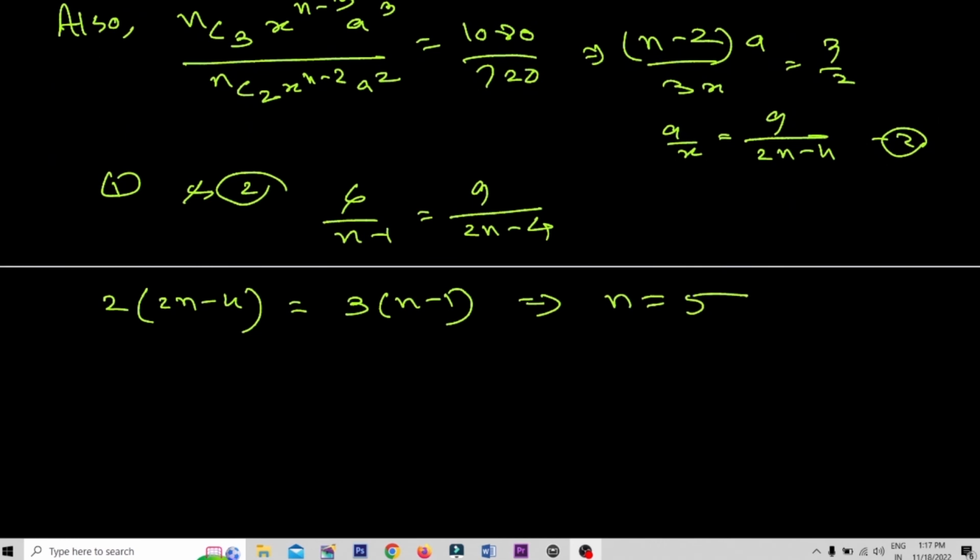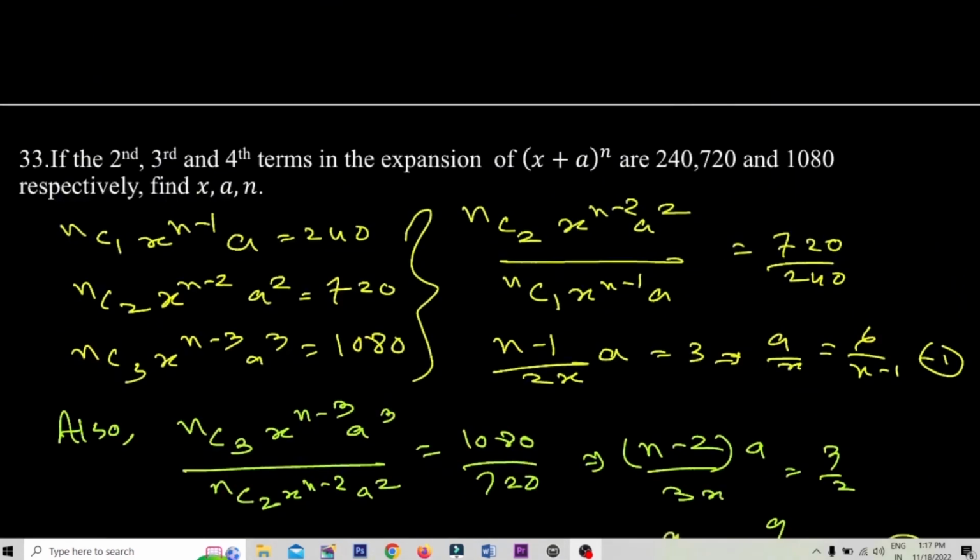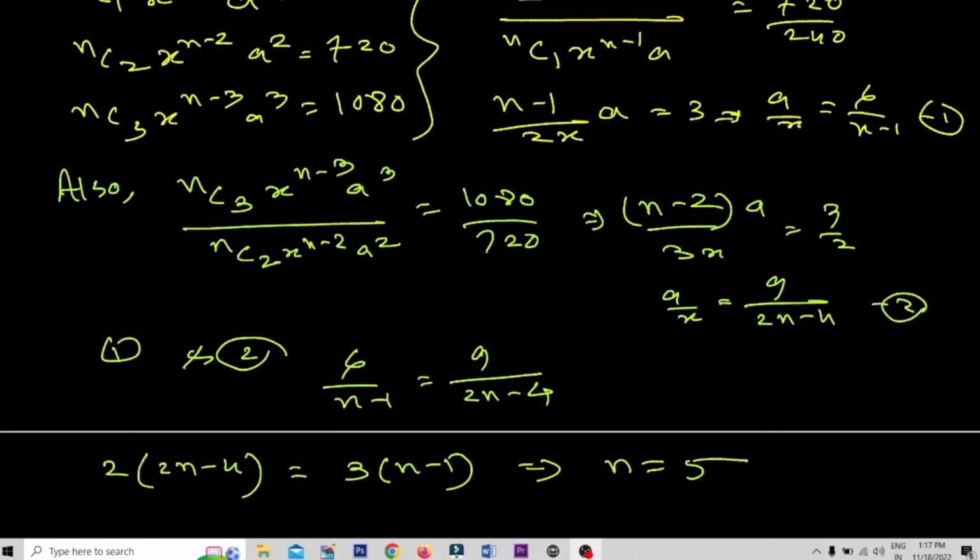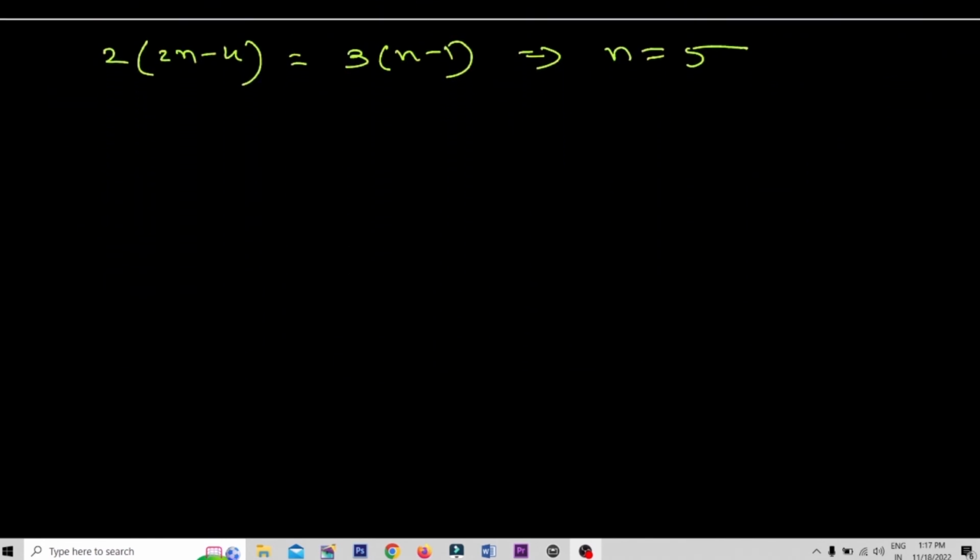After putting n equal to 5 in the number 1 equation, 6 by n minus 1, we get 2a equal to 3x.